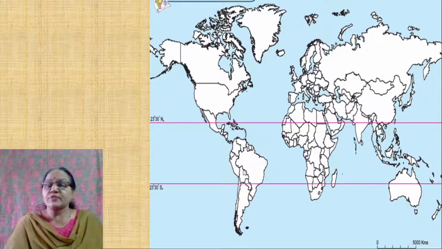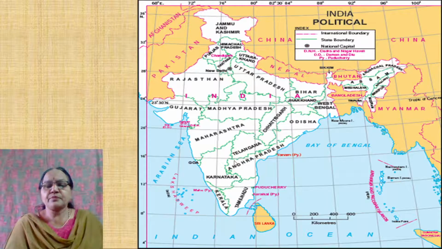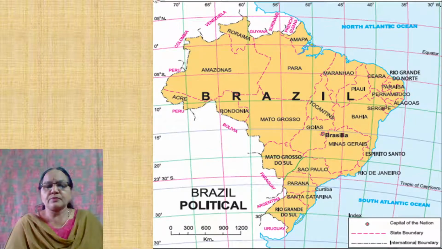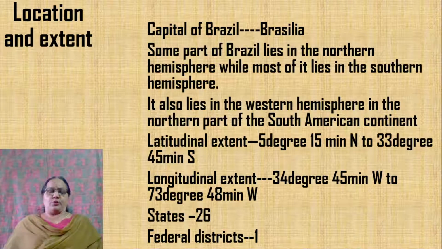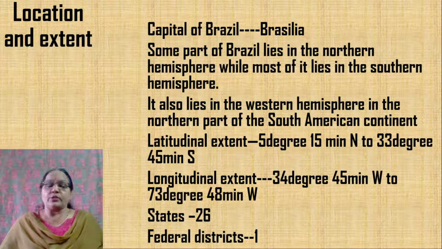It is located in the western hemisphere, and the major part of it is in the southern hemisphere, while a part of it is in the northern hemisphere. So it lies in the western hemisphere in the northern part of the South American continent.